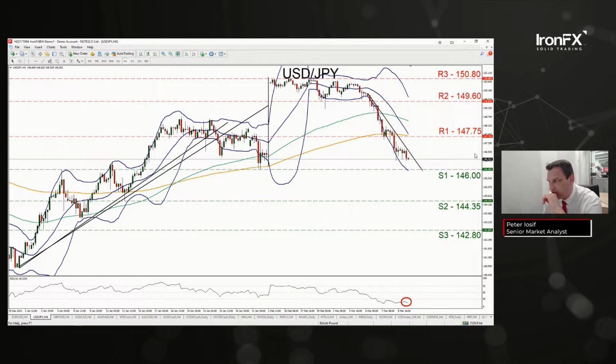While for a bullish outlook, I would require a total reversal, meaning that the price action of USD/JPY has to reverse direction, move upwards, break initially the downward trend line, once again highlighting the interruption of the downward motion. But I would also require for a bullish outlook the pair to breach the R1 at 147.75 and start aiming for the R2 at 149.60.